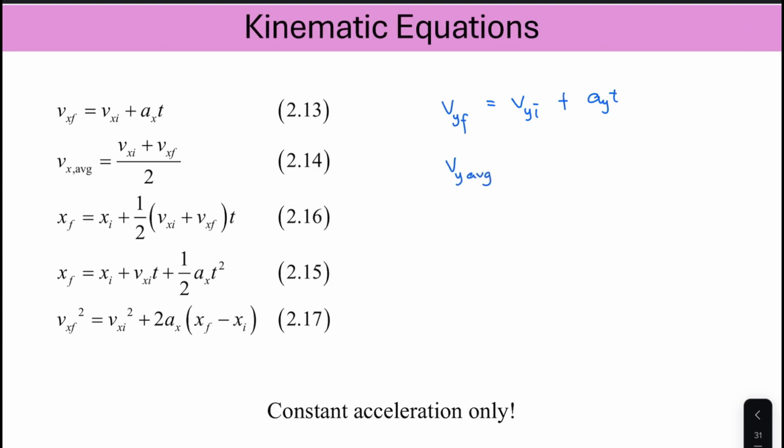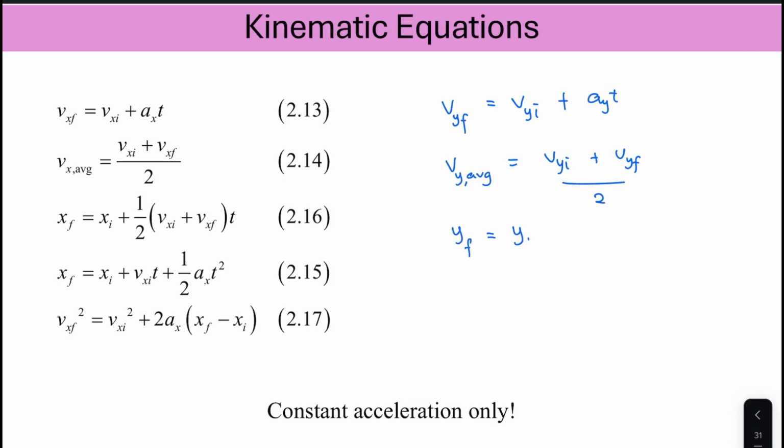Then Vy average, whether you use AVG or put a bar on top of the V, is also understood. It's Vy initial plus Vy final over 2.